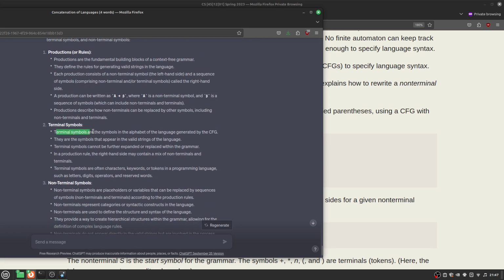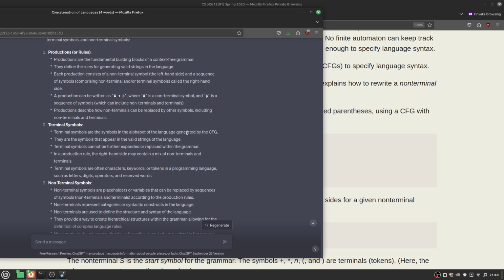Terminal symbols. Terminal symbols are the symbols in the alphabet of the language generated by the context-free grammar. They are the symbols that appear in the valid strings of the language. Terminal symbols cannot be further expanded or replaced within the grammar.